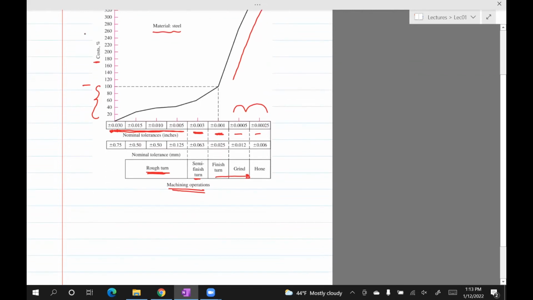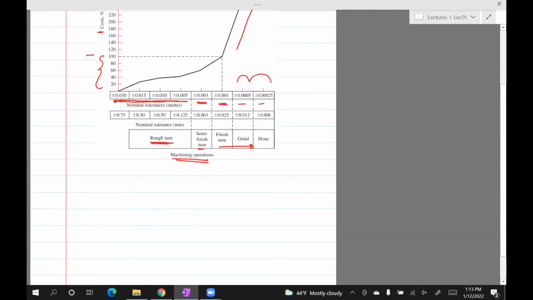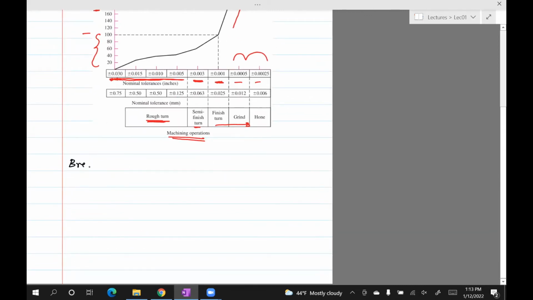Okay. Now there is something called a break-even point, which every person has to worry about who gets into any money-making business.